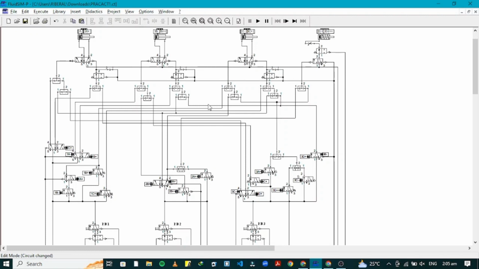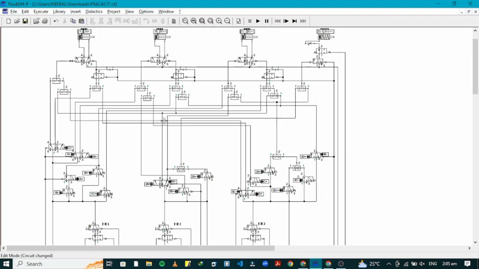The next sequence is A plus, B minus, E minus. For this sequence to happen, B must first lose its air. That is why a magnetic sensor was added to this valve, so that when actuator B reaches full actuation, it gets pushed and the connection at this part opens. The 5-way valve also has a magnetic sensor connected on the left, so that when actuator B fully actuates, the valve is pushed to the right and the direction of the supply changes to the other side.